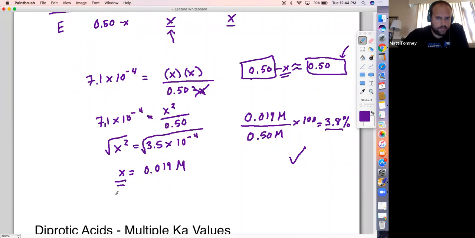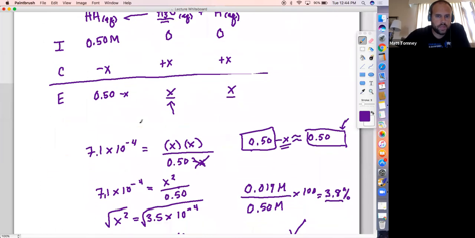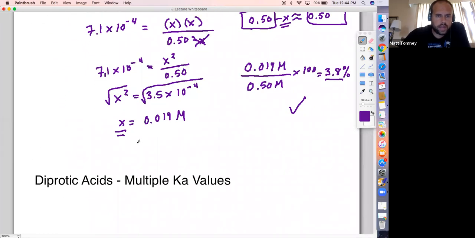Right? So then the question said, let's find all equilibrium concentrations. To find all equilibrium concentrations, I know that H3O plus, as well as the conjugate base, are equal to 0.019 molarity.